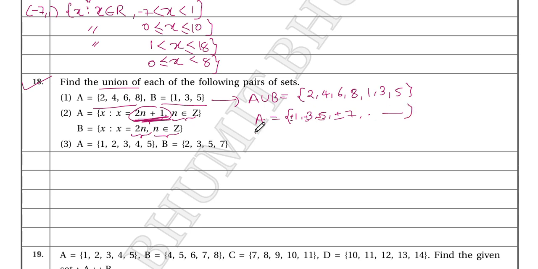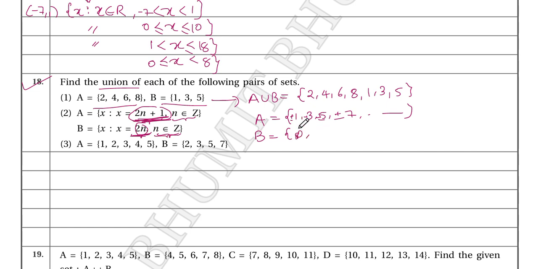And in set B, it is given that x is equal to 2n, where n belongs to the integers. Okay, so integers mean all positive and negative numbers. If you put a positive number, you get a positive result; for a negative, you get a negative. So 2n means all the even numbers. In this, we'll get 0.